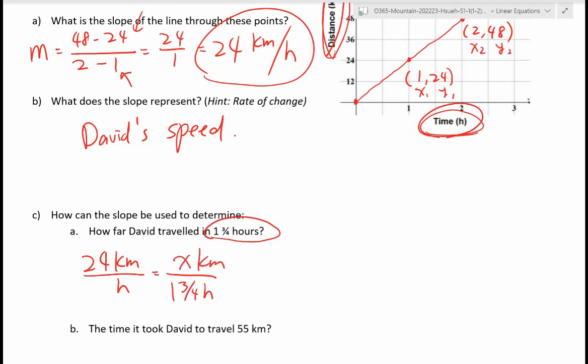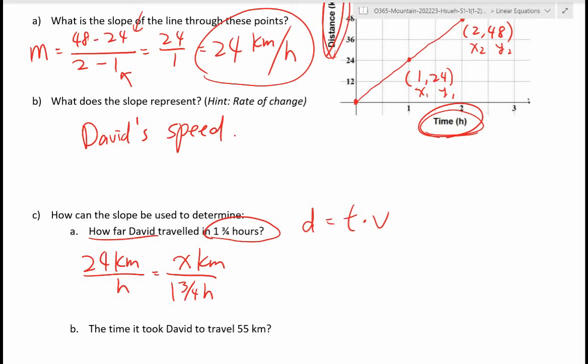That's what you can do. Or if you know your formula from physics or science, distance is just the time times the velocity.